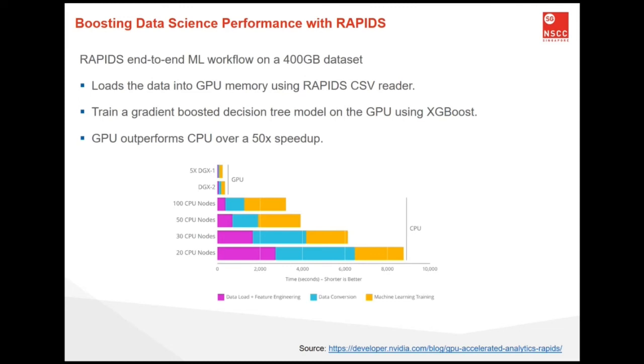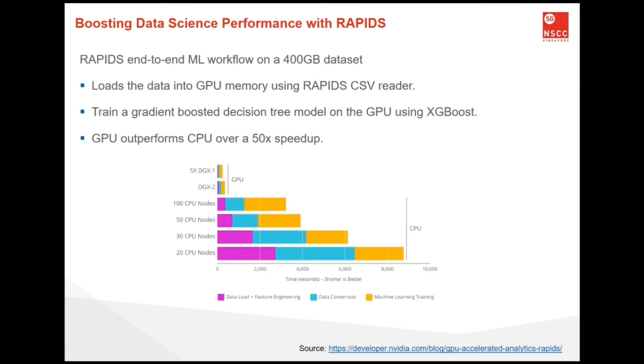There is a RAPIDS example demonstrating a typical end-to-end ETL and machine learning workflow. This example trains a machine learning model to perform housing loan risk assessment using all of the loan data from the years 2000 to 2016 in the loan performance dataset, consisting of roughly 400 gigabytes of data in memory.